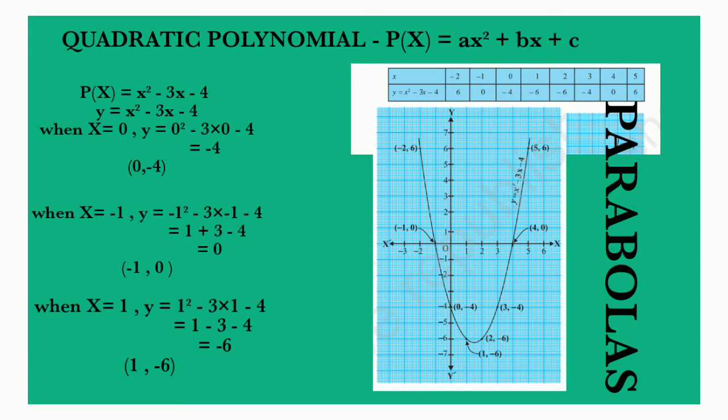That means minus 4 and 4, you substitute in the place of x, you will get 0 as the answer. So minus 4 and 4 are the two zeros of this quadratic polynomial.